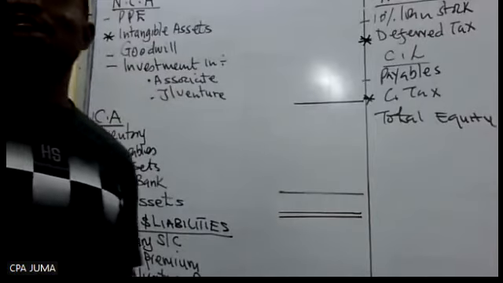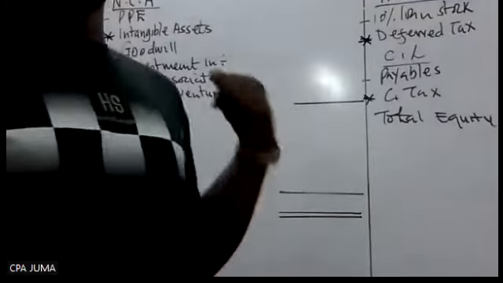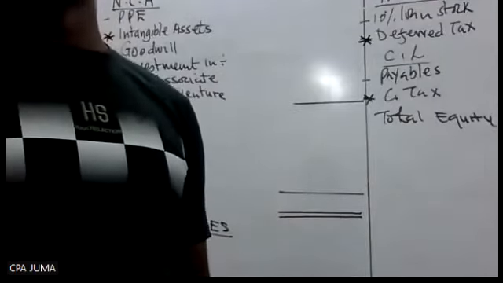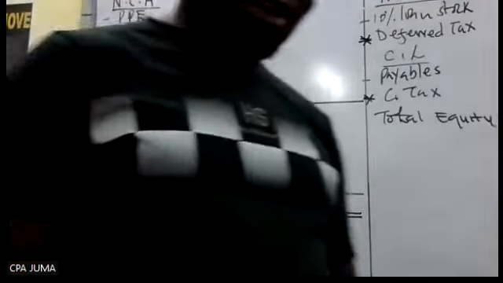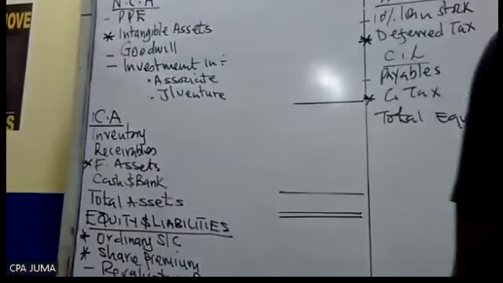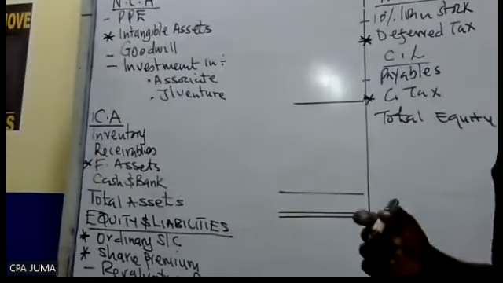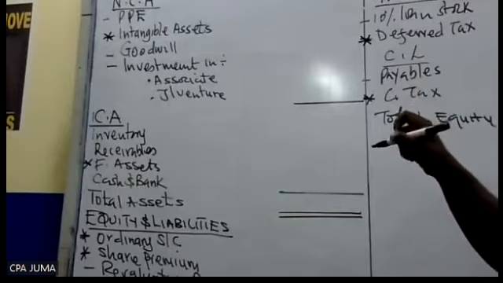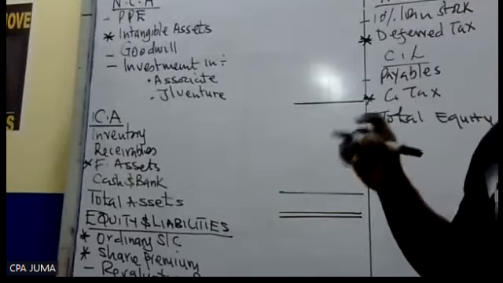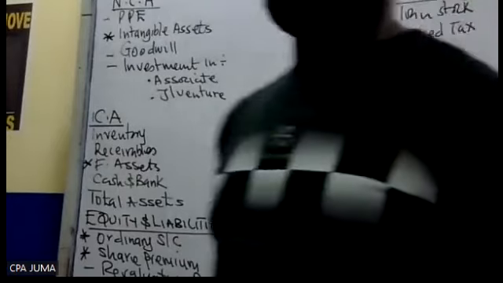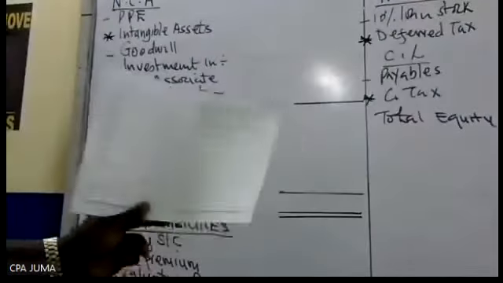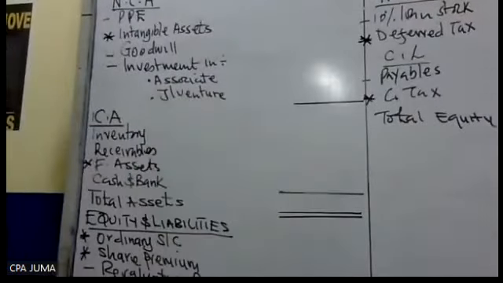When you talk 6 over 10, then on the other side you also come out with 5 over 10. See, you are better. So people complicate things. When someone sees a group question, they first go for the retained earnings working. So I want us to post things which do not require working first.